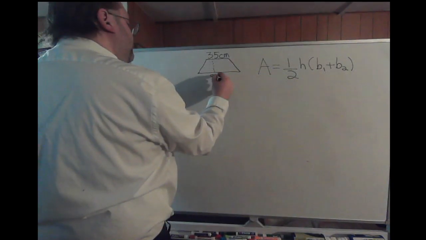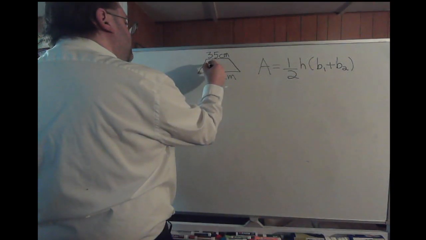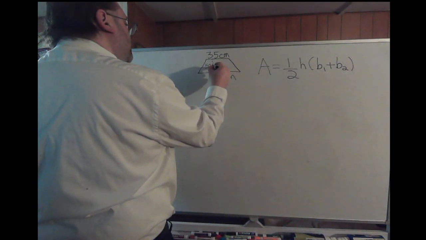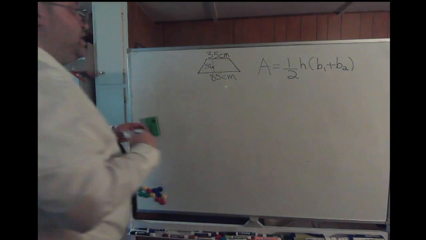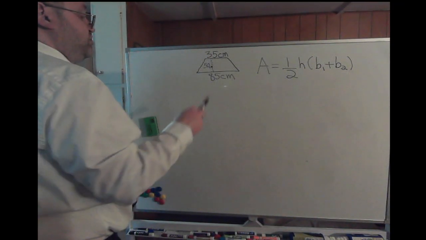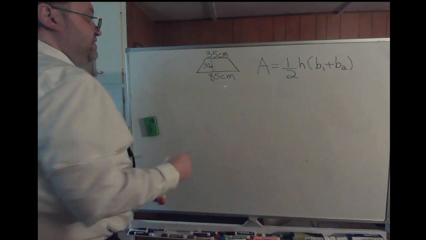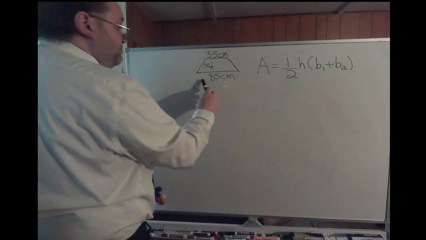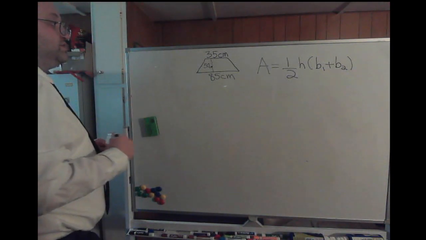Then it'll be 85 centimeters for your second base. Your height would be 50 centimeters. I'm just making up some values here, of course, but we have a trapezoid with the first base, the top one, being 35 centimeters, the second base, the lower one, being 85 centimeters, and the height being 50 centimeters.